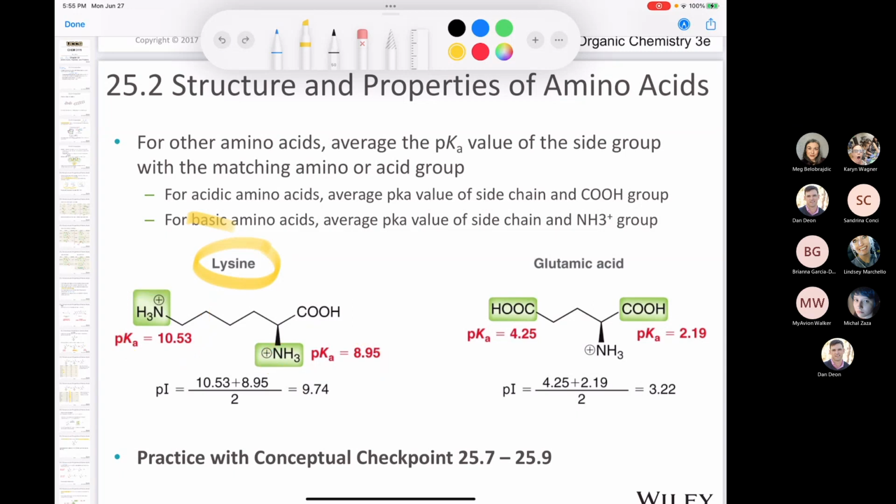If you're in a solution that has a pH of 9.74, you have the maximum amount of the zwitterion, where everything is perfectly balanced. If you have an acidic side chain, or two of them, like in glutamic acid or aspartic acid, you just take the average of those two acidic pKa's, and there's the isoelectric point for that.